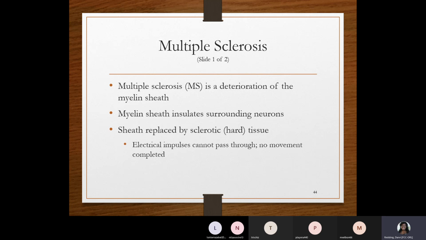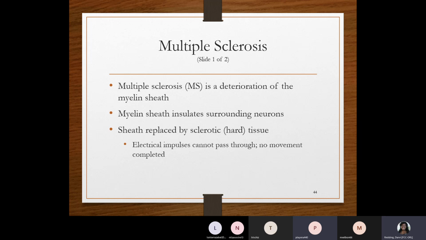Some of the medications for Parkinson's disease: one of the main drugs of choice would be levodopa carbidopa. Its brand name is Sinemet. Some other medications for Parkinson's disease would be Cogentin. And who can tell me what the generic of Cogentin is? Benztropine.